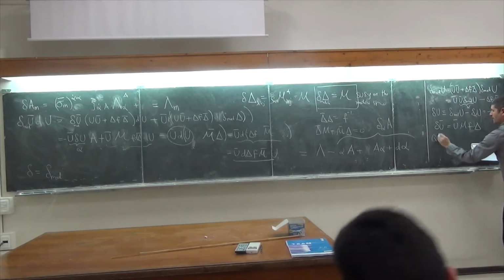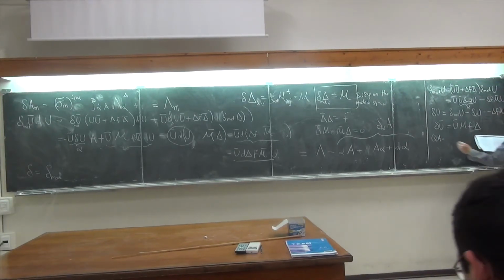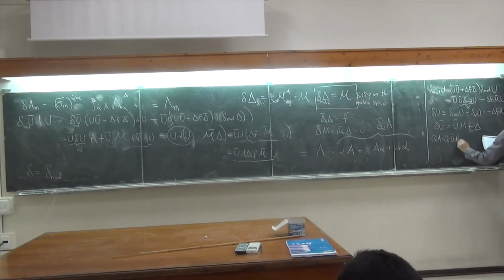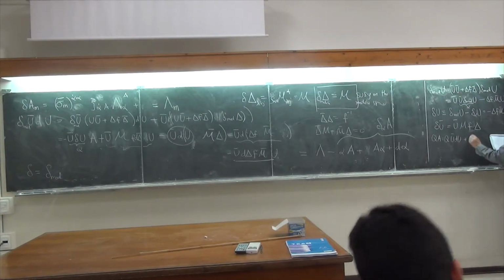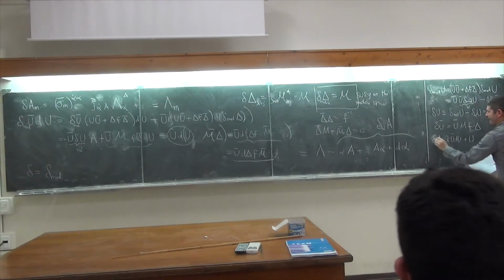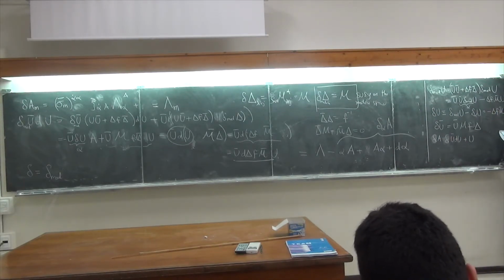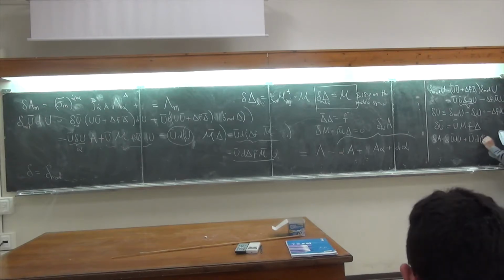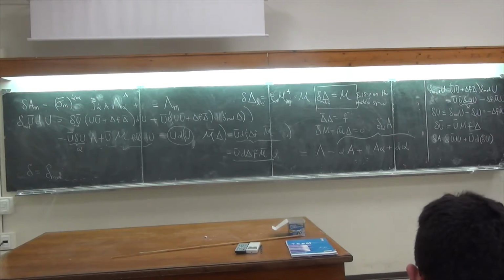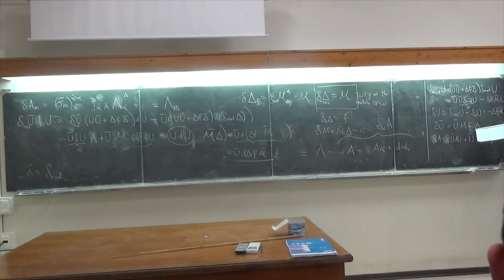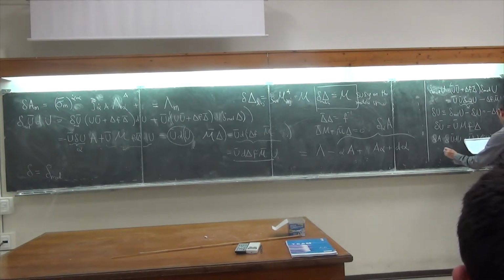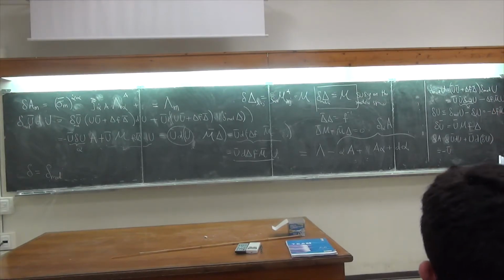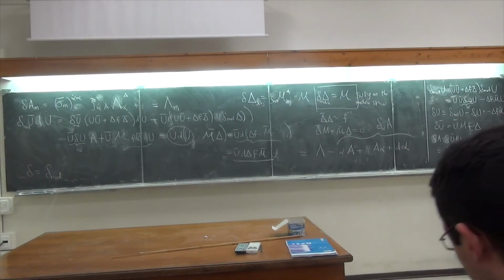And then you do the whole stuff. Then this delta A is delta U bar U plus U bar D delta. Now use these two formulas. Then this is equal to minus. Now delta U bar was here, minus U bar.